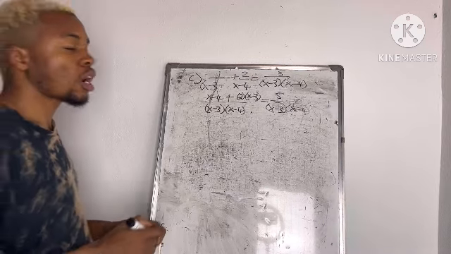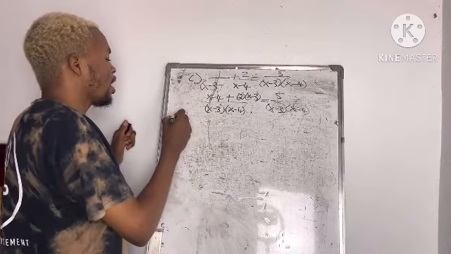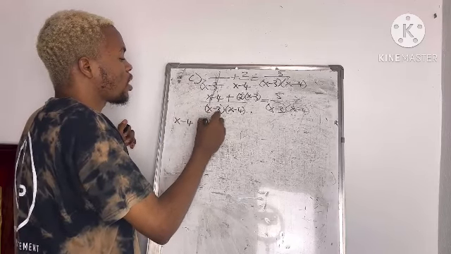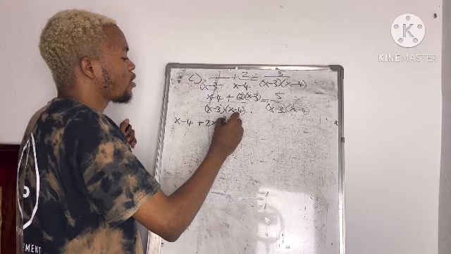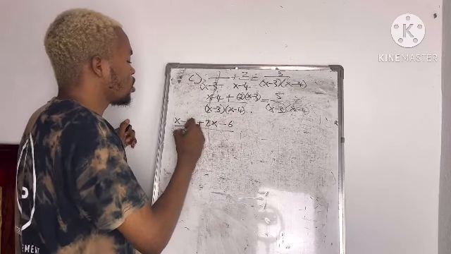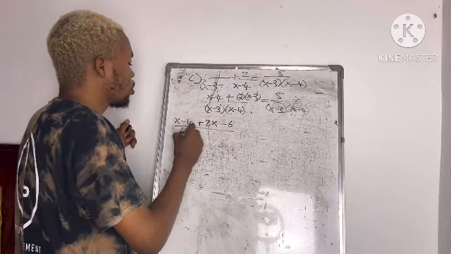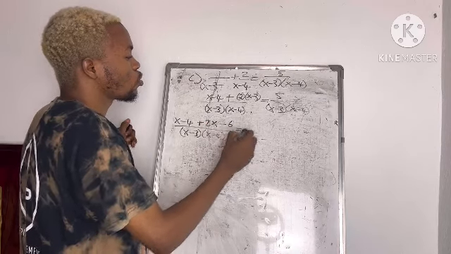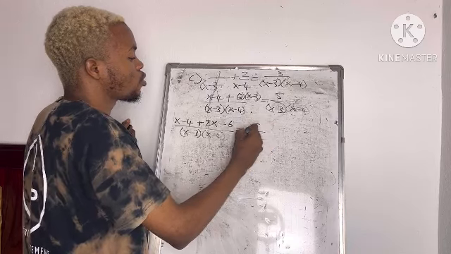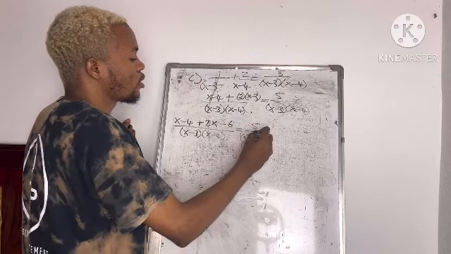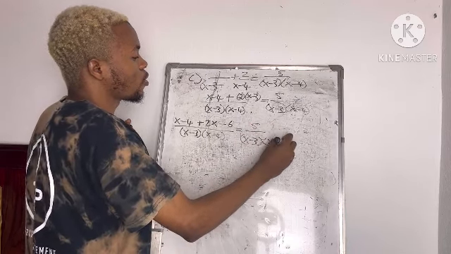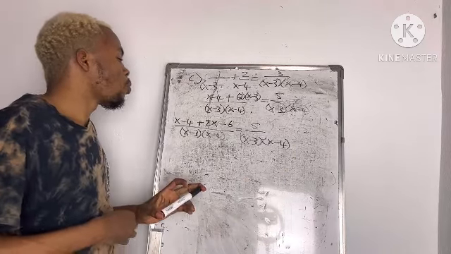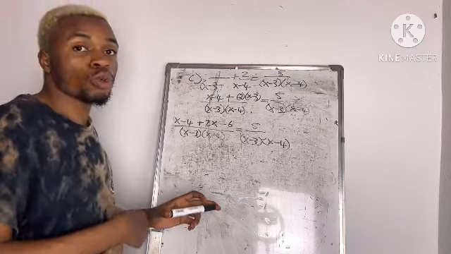The next thing you have to do is say x minus 4 plus 2 times x, you have 2x, and 2 times minus 3, you have minus 6, all divided by x minus 3 times x minus 4, equal to 5 over x minus 3 times x minus 4. So now what's the next thing you do?